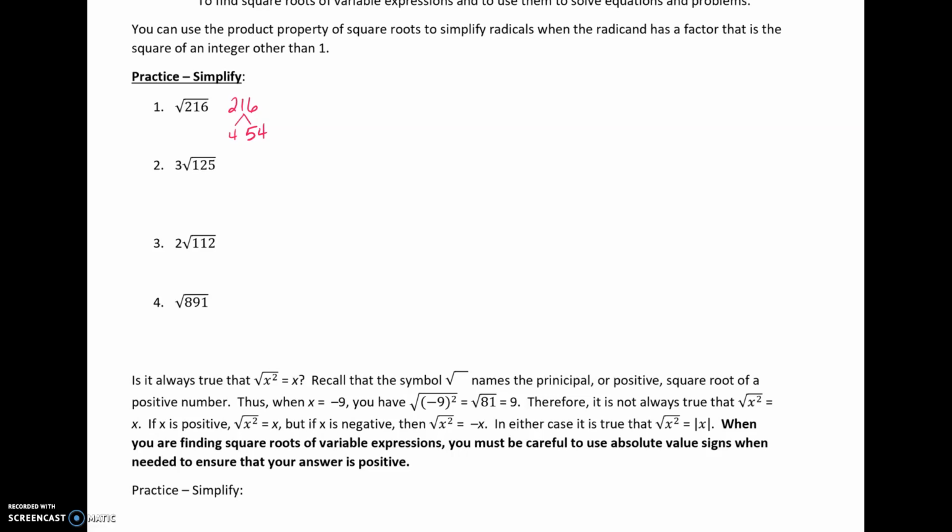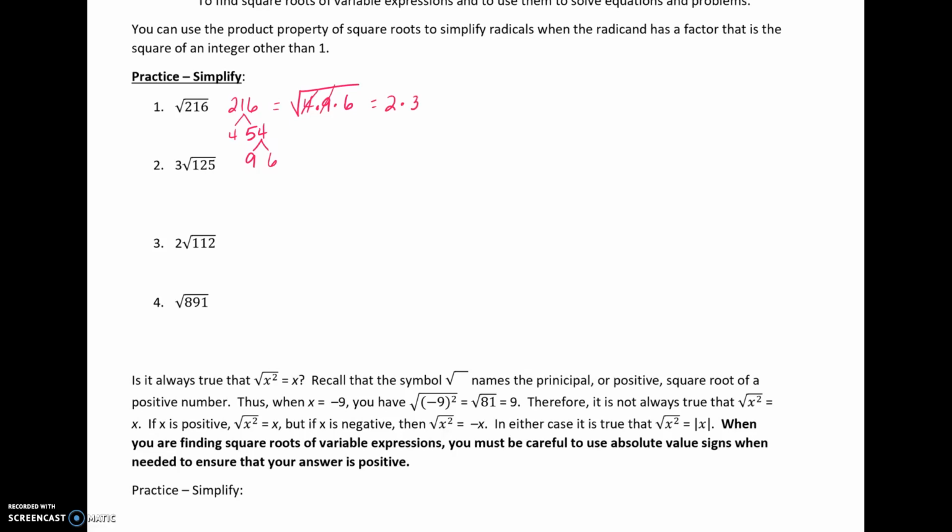So now I go to 54, and I know that one of the factors of 54 is 9. And 9 times 6. So I can rewrite 216 as 4 times 9 times 6. And when I do that, the square root of 4, that's a perfect square, that becomes 2. So I'm eliminating it. Square root of 9 becomes 3.